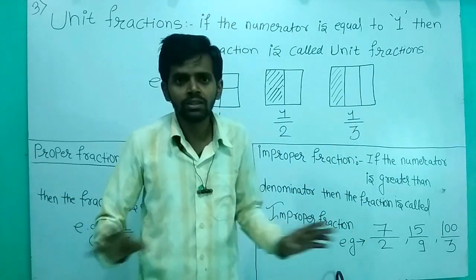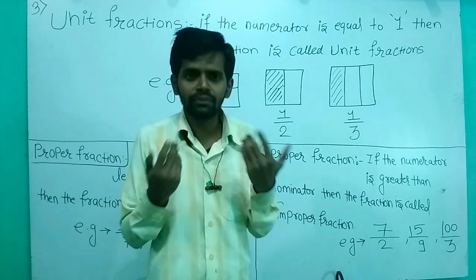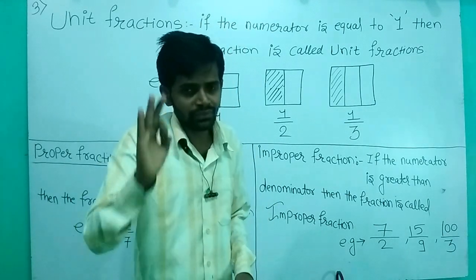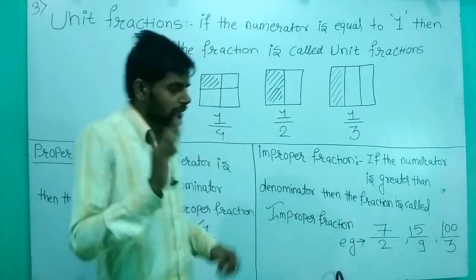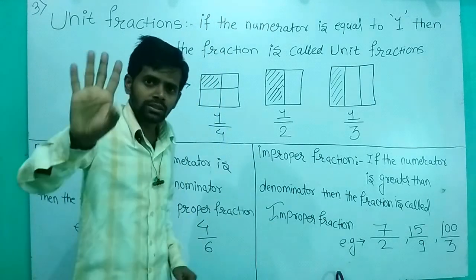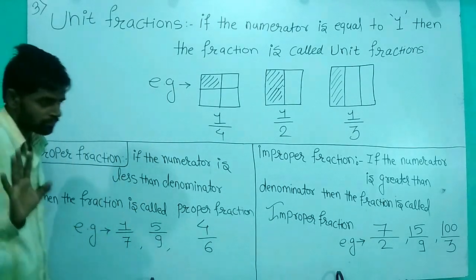Nothing is there. So that's why I'm making a new video, and in that video you will properly understand what a proper fraction is. But अभी सिर्फ इतना समझ लो कि आपका न्यूमरेटर छोटा चाहिए और डिनोमिनेटर बड़ा चाहिए, then it is called a proper fraction. वो proper fraction है. ठीक है.